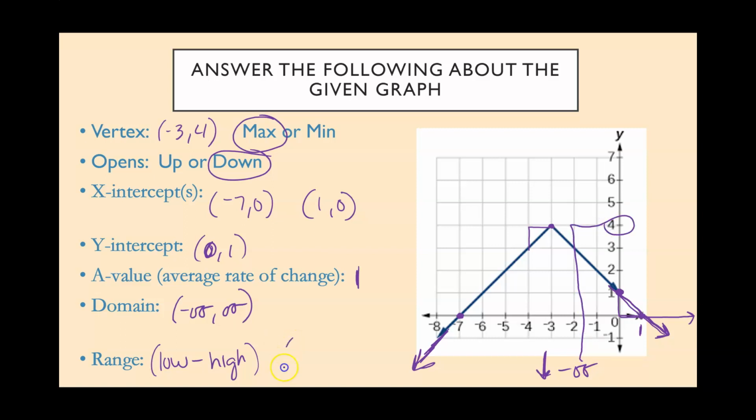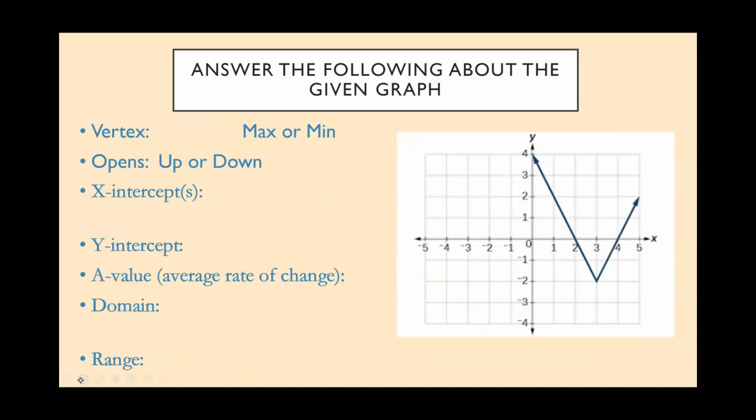So my range here is going to be -infinity to +4. On this one, I would like you to pause this video and see if you can answer this one by yourself. Pause it right now, and when you're done, hit play and check your work.